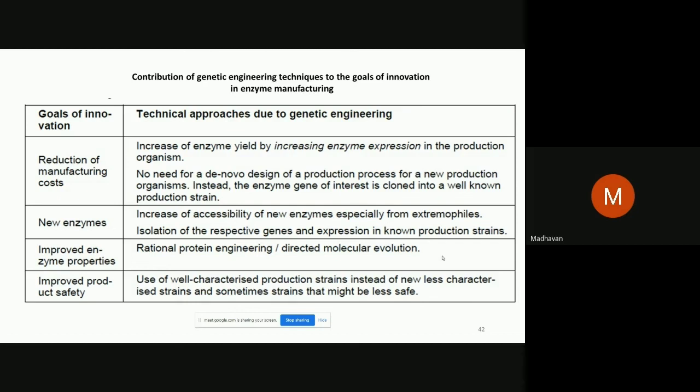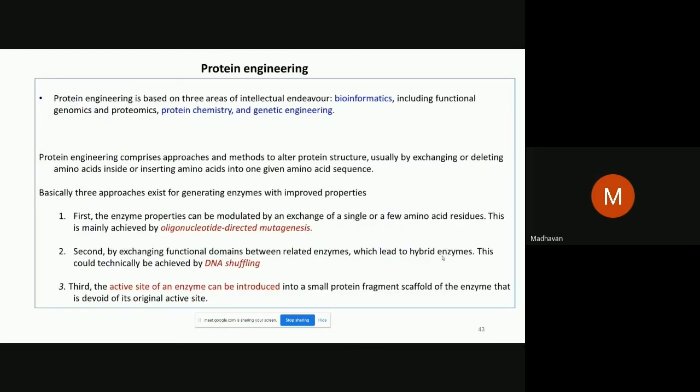The salient features of industrial organisms are fast growth, genetic tools available, and they should not be highly pathogenic. So you have to use safe systems. Now the science has developed: bioinformatics has come, protein chemistry, genetic engineering. All these things have come together now for engineering the protein, or the enzyme.